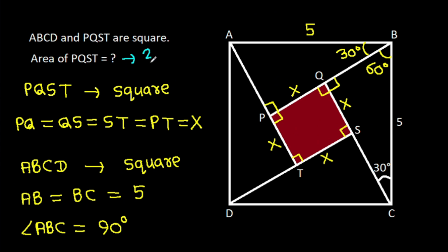So the area is 25 over 2 times 2 minus root 3.